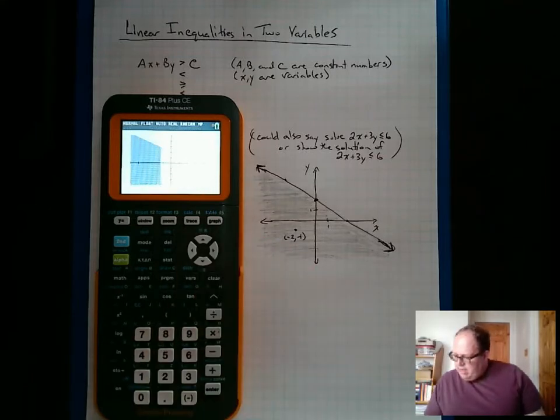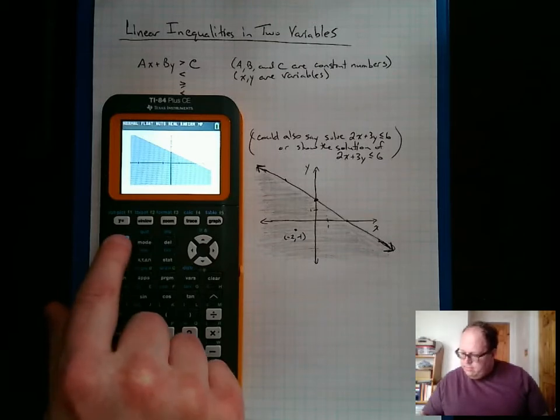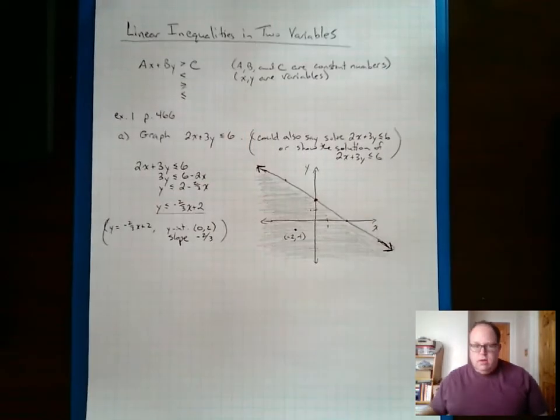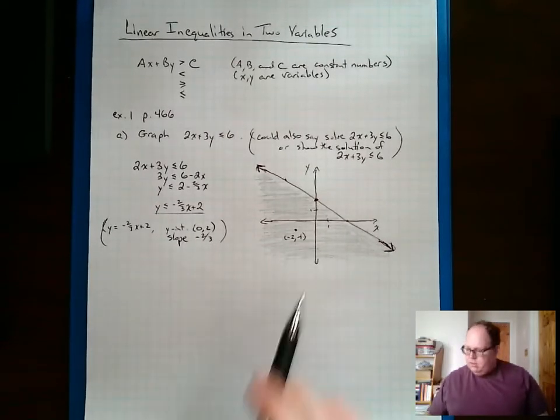And if I graph that, I've got something that looks a lot like the graph I just did on the right. So you can also see what these would look like with your graphing calculator, although I won't spend any more time on it. Okay, so we have done our graph. We have shown our solution for this inequality.